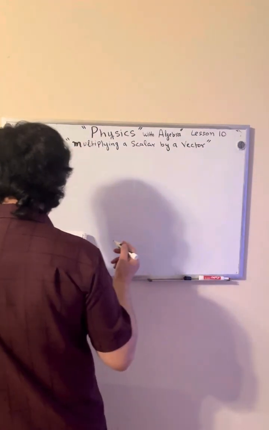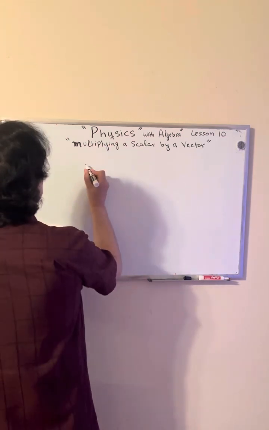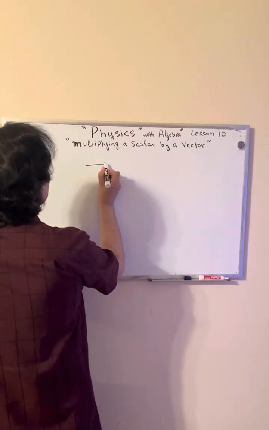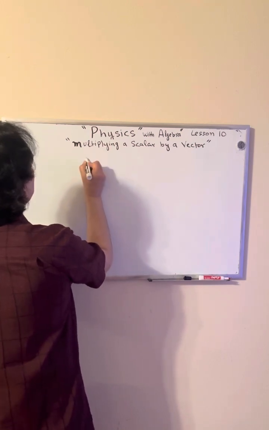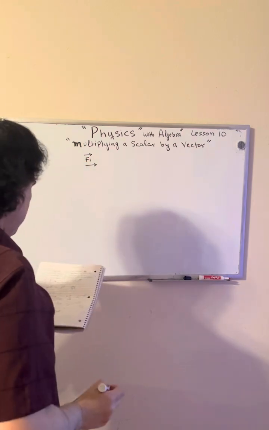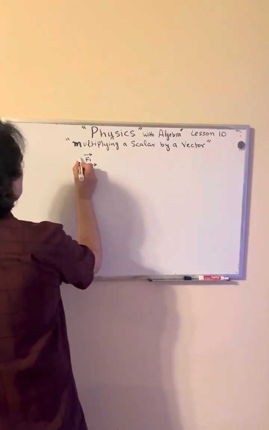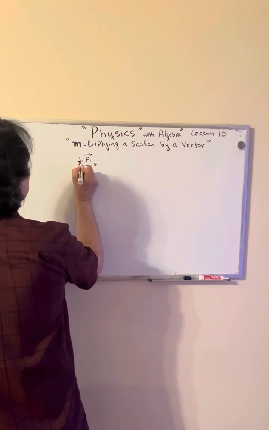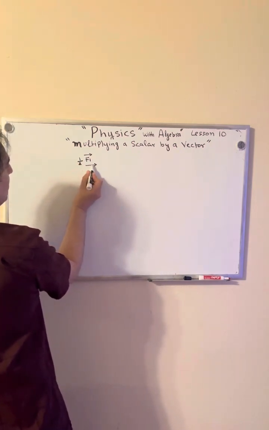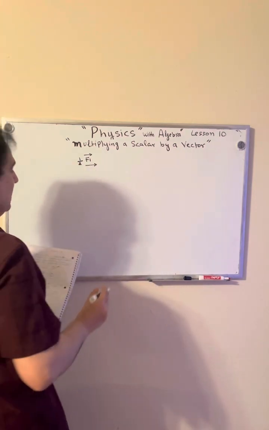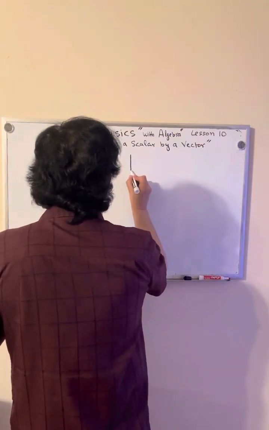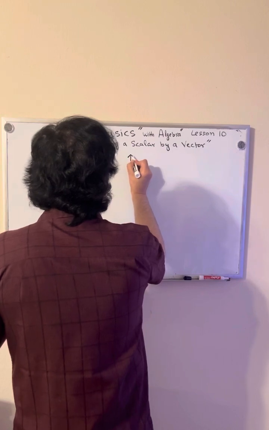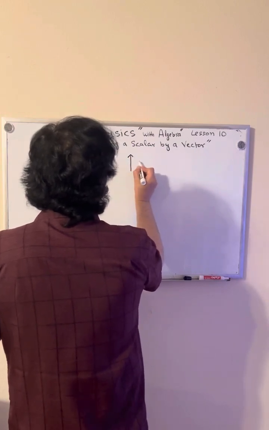Let's say we have three vectors, okay? I say this right here is F1 vector, and the magnitude of that is half. It could be half meter, half inch, whatever. The length of this right here is half. Then we have another vector, which is like this, and we call this F2.